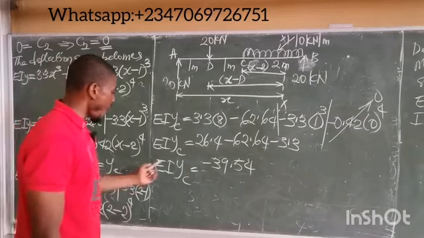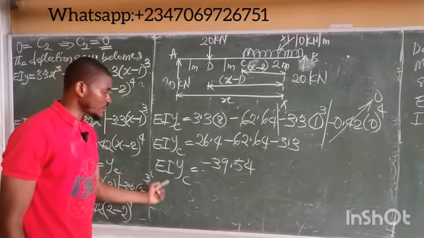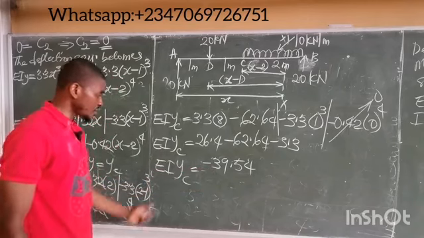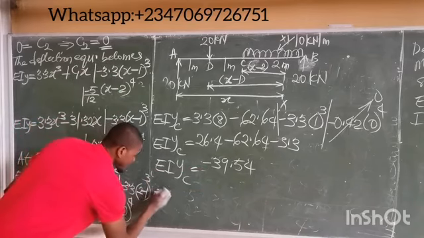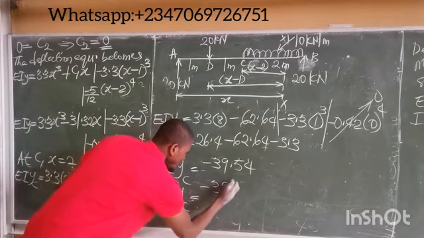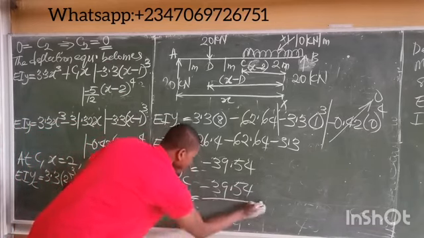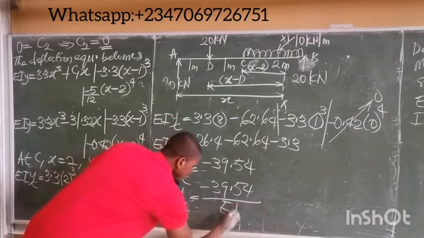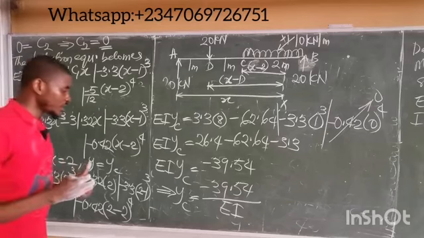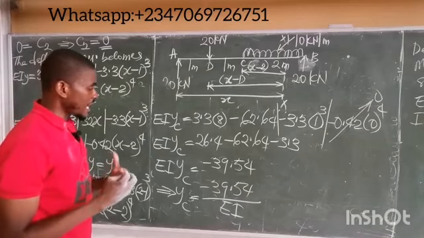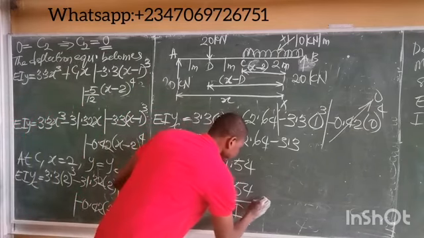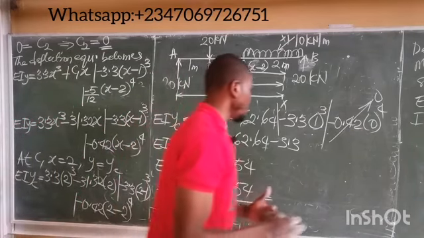Alright, so to make yc the subject, which is the deflection at point C, we simply divide both sides by the flexural rigidity, which is EI. So this simply implies that yc is simply minus 39.54 all over EI, which is the flexural rigidity. And from the question, the values of E and I were given.